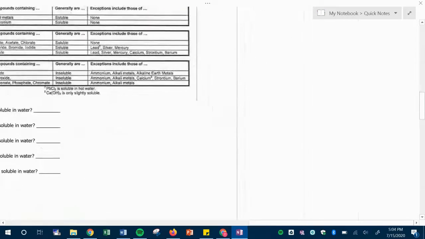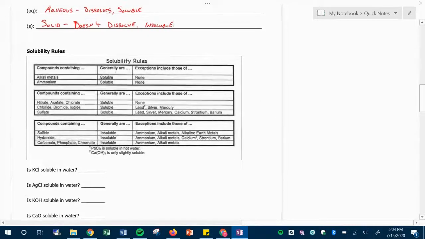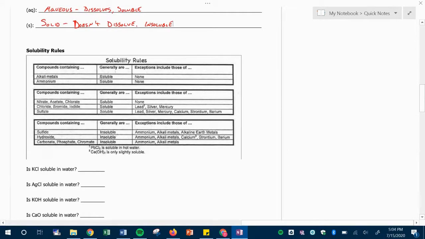Before we look at how it works with reactions, let's just look at figuring out whether something is soluble or insoluble. So our first question is: is KCl soluble in water? For our solubility rules, notice there are these two that are the only two that relate to cations. The rest all relate to anions.